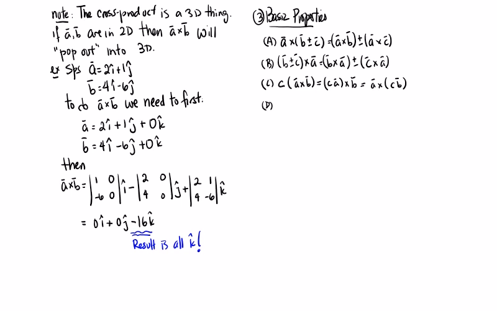Now, the last one is the one that's a bit more confusing. For the dot product, we knew that A dot B and B dot A were the same. For the cross product, they're not. It turns out that if you reverse the order of the cross, you negate the result. This happens because of the way that you're multiplying it.